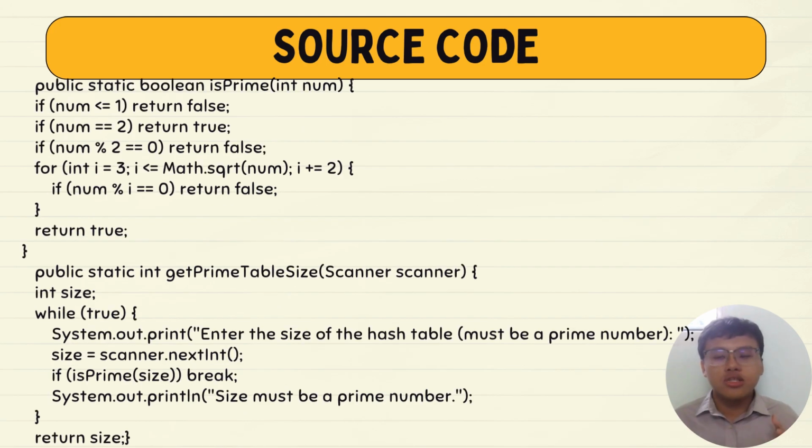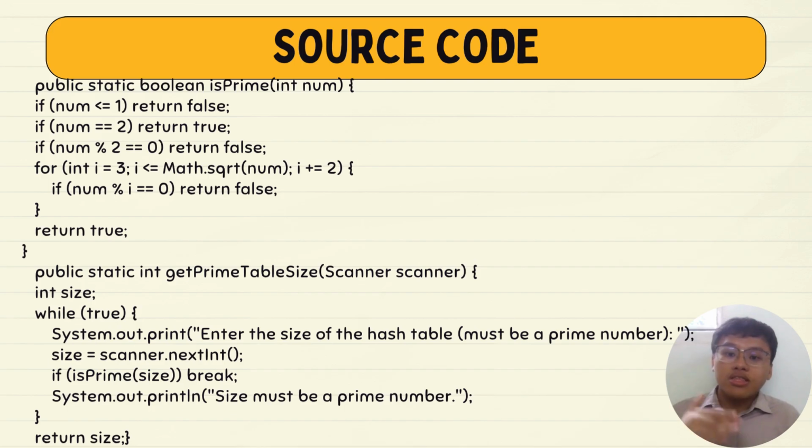Then to ensure the user keys in a prime number for the table size, we need to write some functions. Then this is public static boolean isPrime(int num). If the number is less than or equal to 1, we return false. If the number is equal to 2, we return true. If the number divided by 2 has a remainder equal to 0, we return false because this is not a prime number.